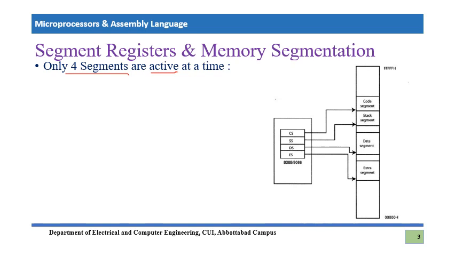What we are learning here is that the microprocessor's memory is divided into various segments, each of size 64 kilobytes, but not all of them are available to the microprocessor, only 4 segments. So what are those 4 segments?